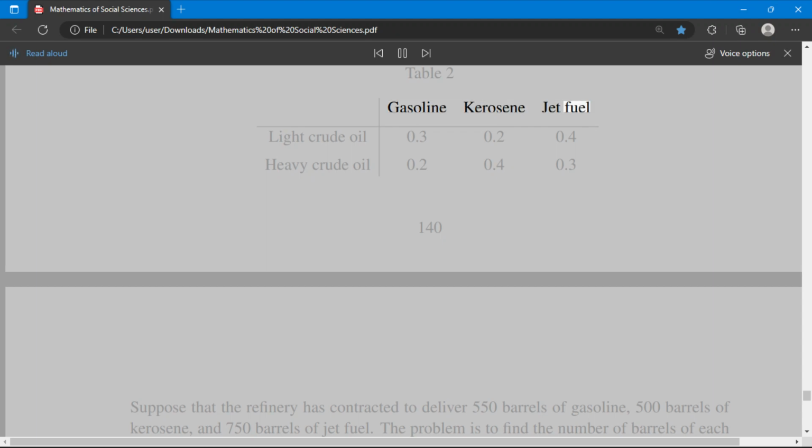Table 2. Gasoline, kerosene, jet fuel. Light crude oil 0.3, 0.2, 0.4. Heavy crude oil 0.2, 0.4, 0.3.